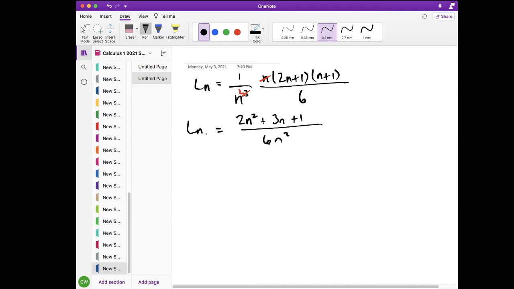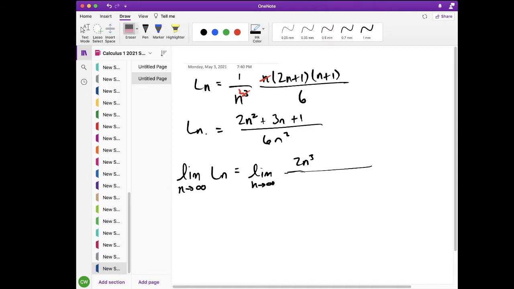So this is L of n for any number of rectangles. Now if we take the limit as n goes to infinity, we establish that if you increase rectangles, you decrease the error. So you would think that whatever this limit is will be pretty close to the actual area, and we'll find out that it has to be the exact area. We found out it was 1/3.